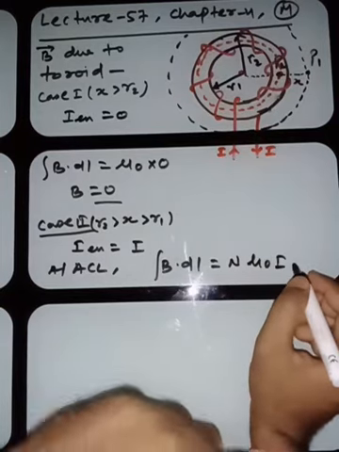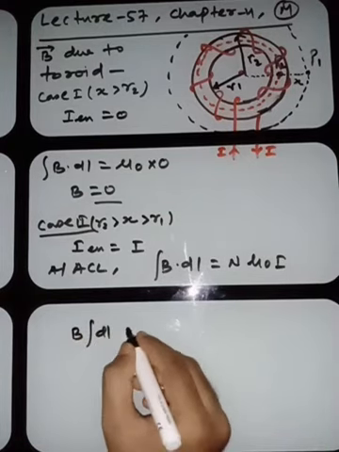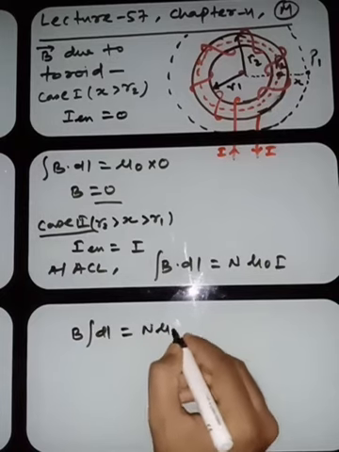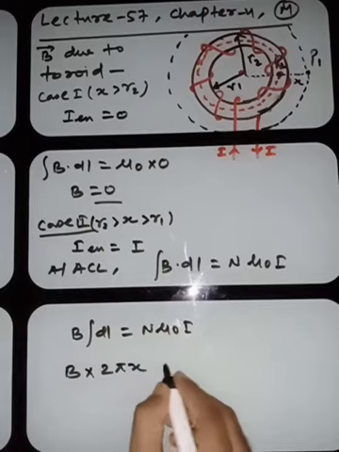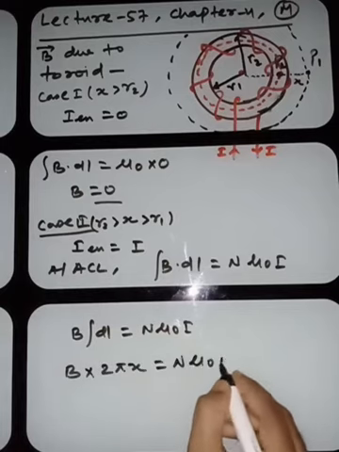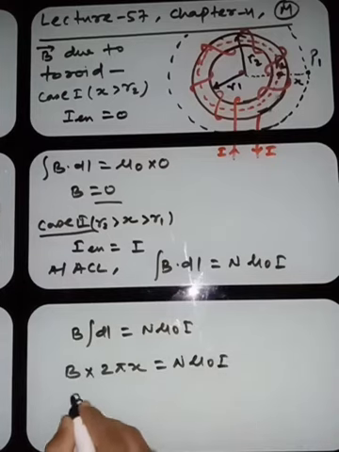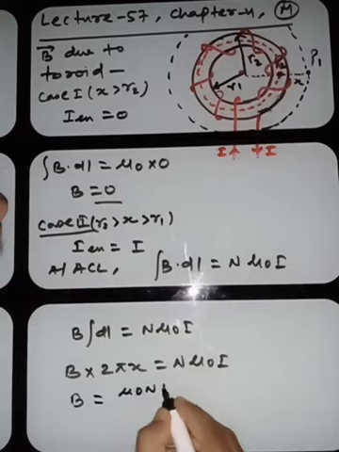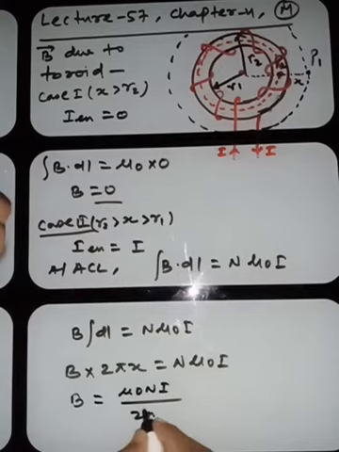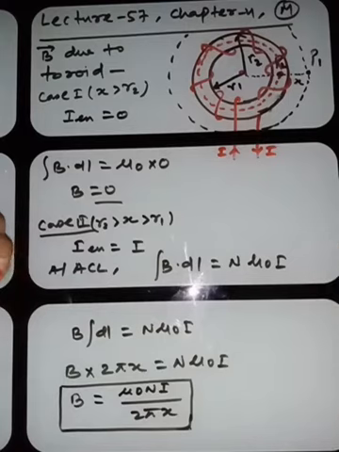I hope you understand, my dear students. Now it is B times the value of dl, which is 2 pi x, equals n times mu naught I. So B is equal to mu naught N I over 2 pi x. This is the magnetic field inside the toroid.